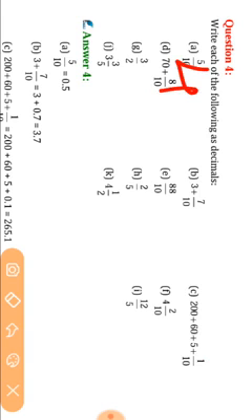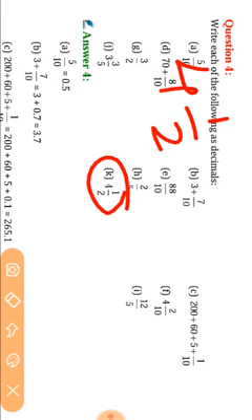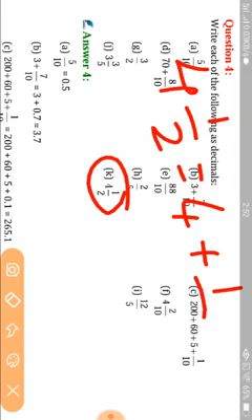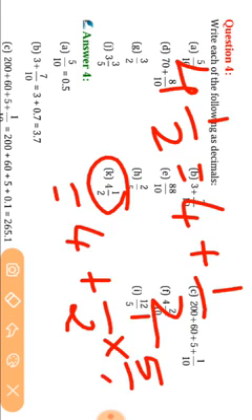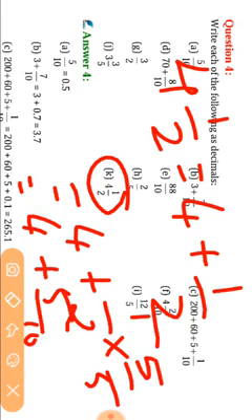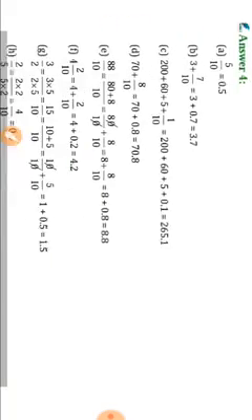That means 4 plus 1 by 2. See, 4 is not in the decimal. Why I can write? I should convert the denominator to 10 when it becomes multiplying by 5. So at that time 4 plus 5 divided by 10. So we can directly write as 4.5 like that.